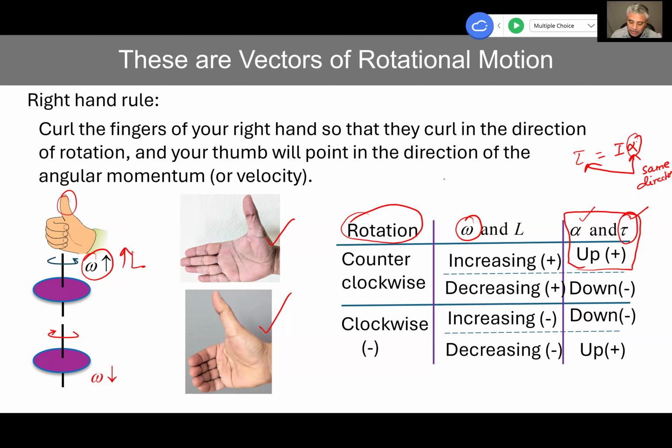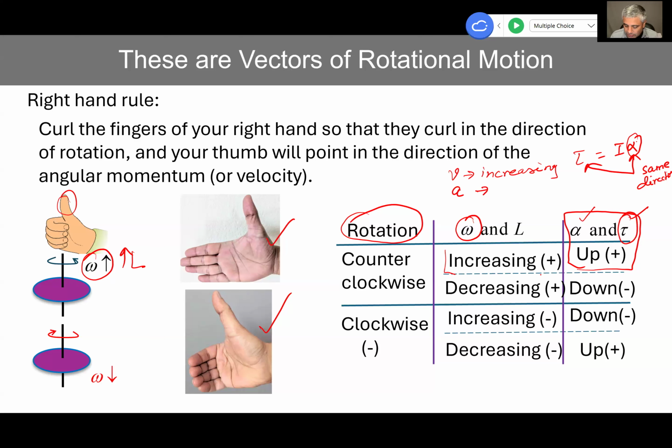So for example, let's say when V is increasing in the direction of motion, A is in the same direction. When acceleration and velocity are in the same direction, speed is increasing.